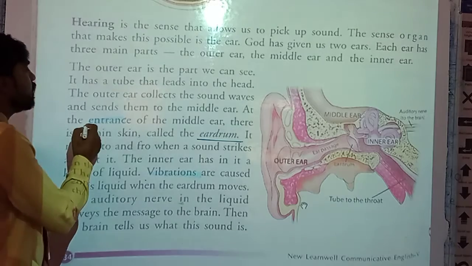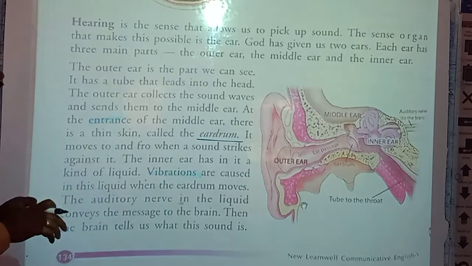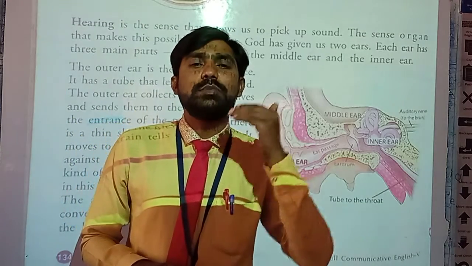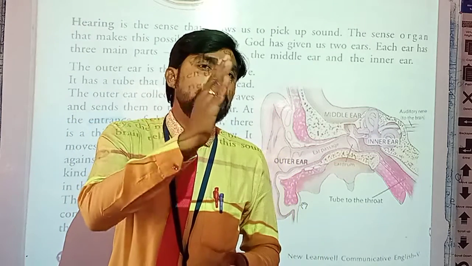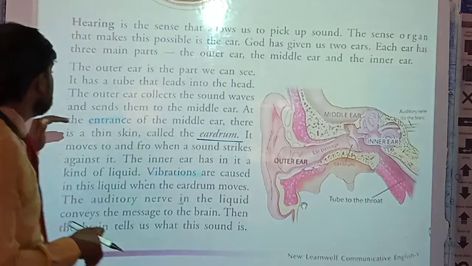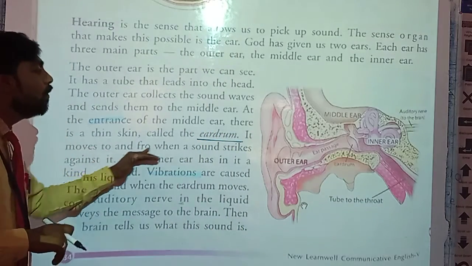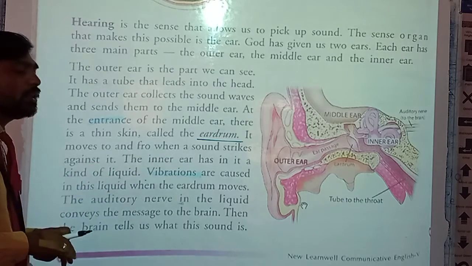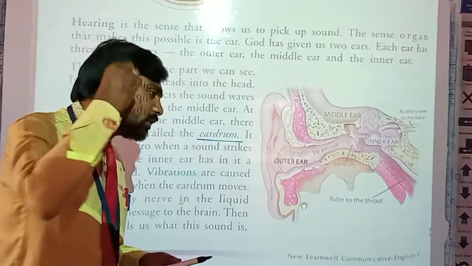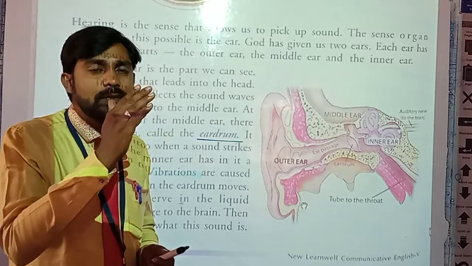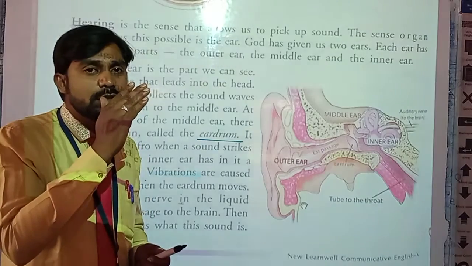At the beginning of the middle ear there is one thin skin, and that is known as the eardrum. It moves to and fro when a sound strikes against it. So when sound comes inside to the middle ear, that skin moves.